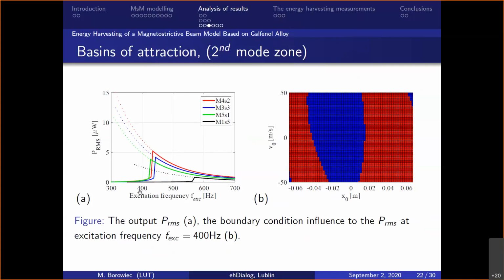It was taken for the 400 hertz excitation frequency. And we received two different results, which depends on the boundary condition. So by introducing a certain range of the boundary condition, one can observe significant differences between output powers.